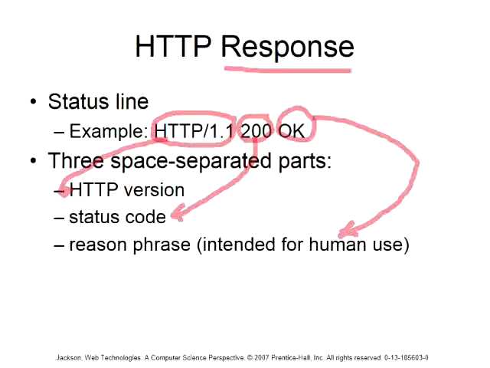So in the HTTP response, the first line contains 3 parts separated by space: the HTTP version, the status code, and after that the reason phrase. Any question? Any question about the HTTP response status line? Okay.